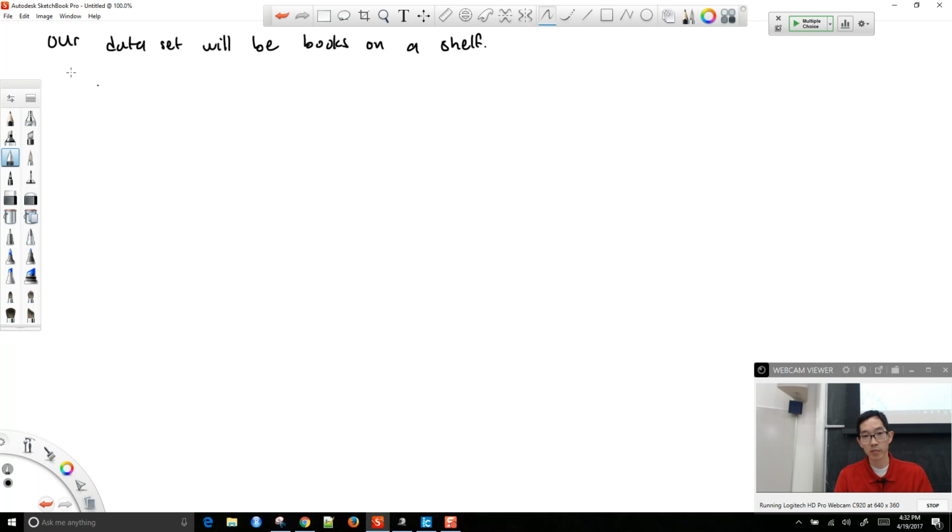And for each book, we will count how many pages it has, count the number of pages, and we will also measure its width.